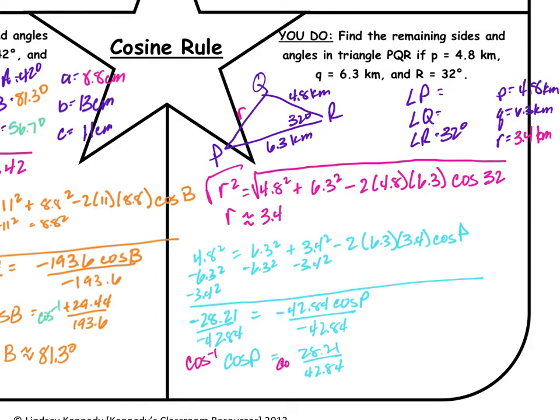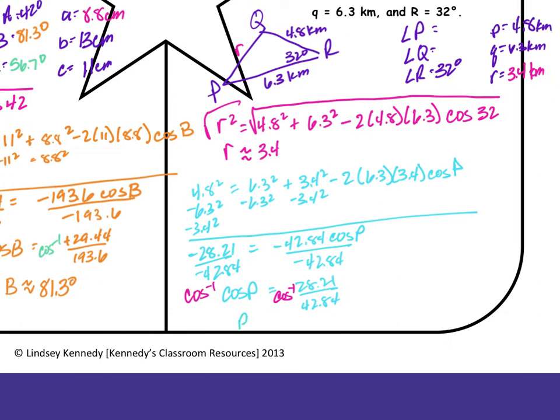So P is approximately cosine inverse of 28.21 divided by 42.84, which is 48.8 degrees.